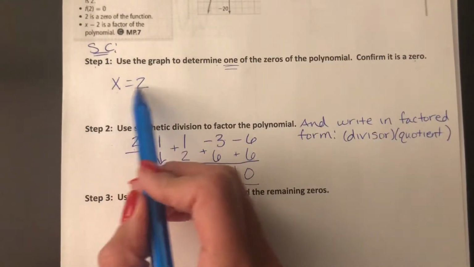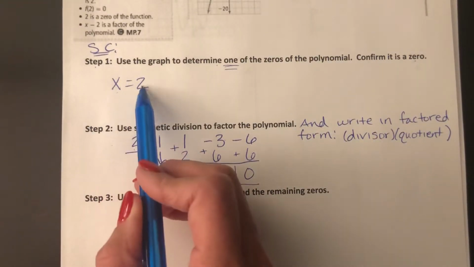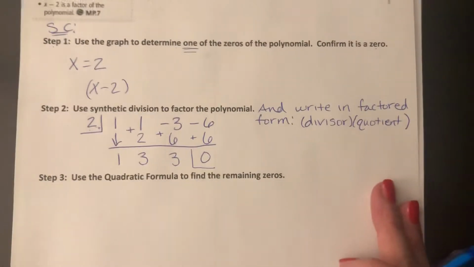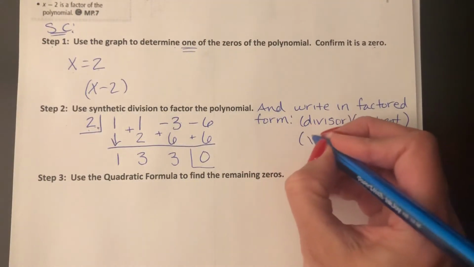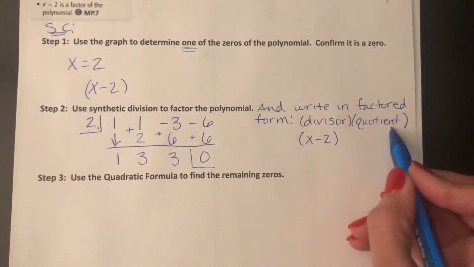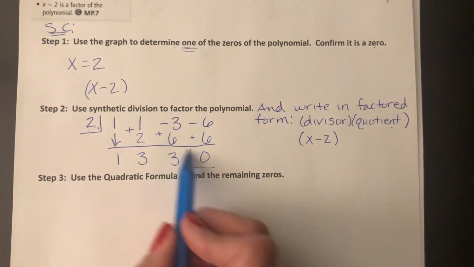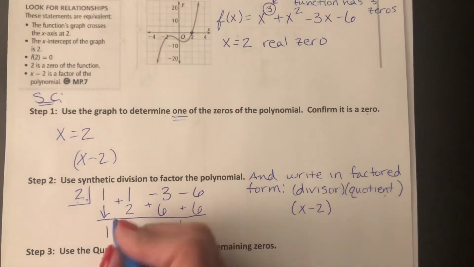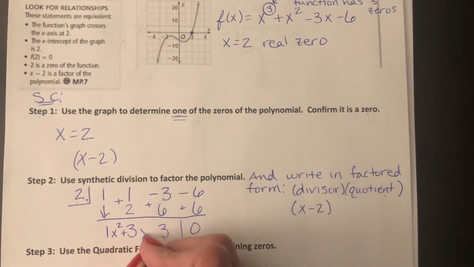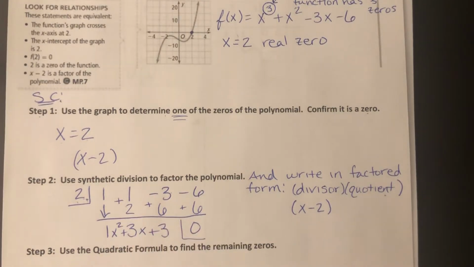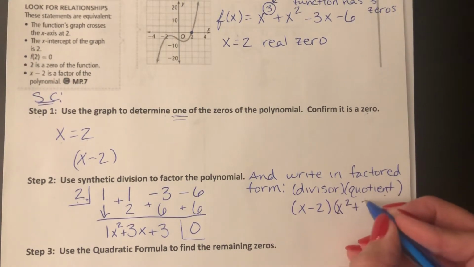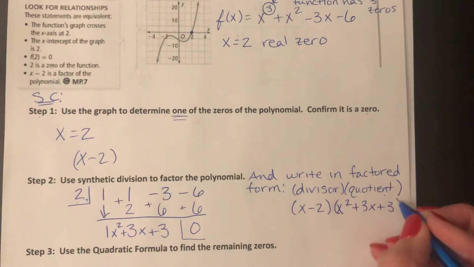Remember, if you start with x equals 2, to get it in factored form, you would have to subtract it to the other side. So divisor, x minus 2, and then the quotient would be this right here. We started with x to the third, so you're going to go down 1: x squared, x, and then that plus 3. x squared plus 3x plus 3.